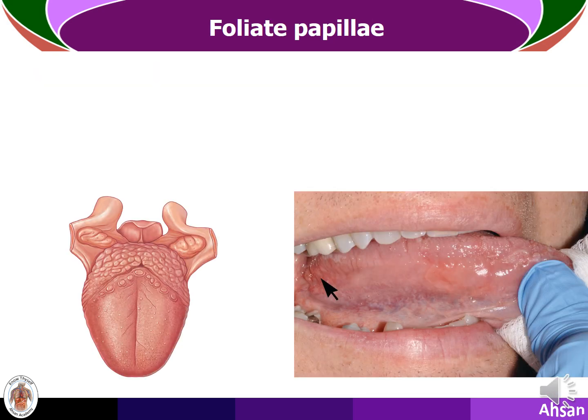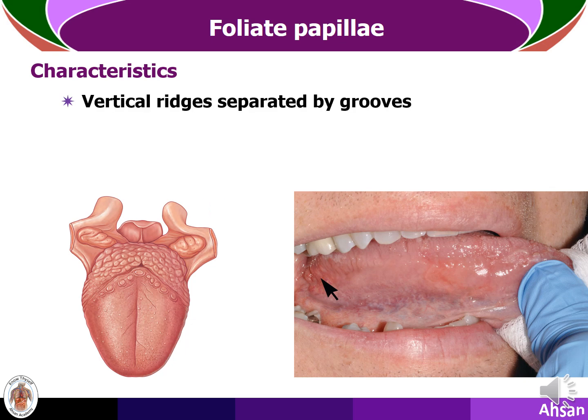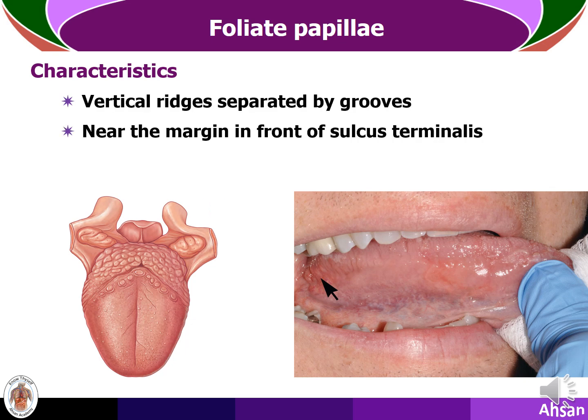Foliate papillae are restricted to the lateral side of the tongue, near the sulcus terminalis. They are ridges, and in between the ridges there is a groove. They are present on the posterior part of the margin near the sulcus terminalis, and these are very rudimentary in humans and prominent in some animals.